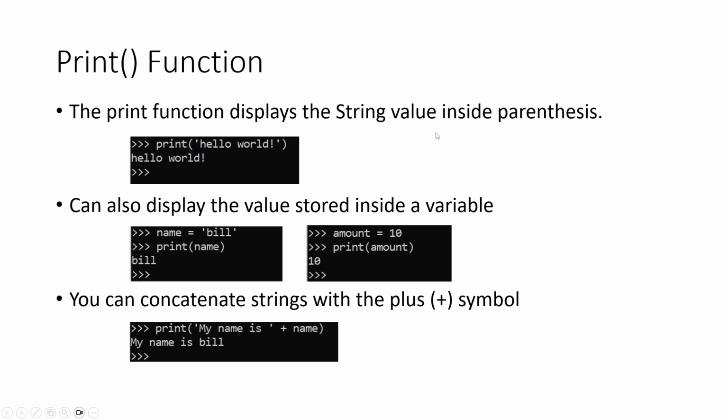I could also do print 10 and it would print 10 for me. And lastly, I can concatenate strings with the plus symbol. So I can print a string, and then add to that string the contents of the variable name, which in this case is Bill.